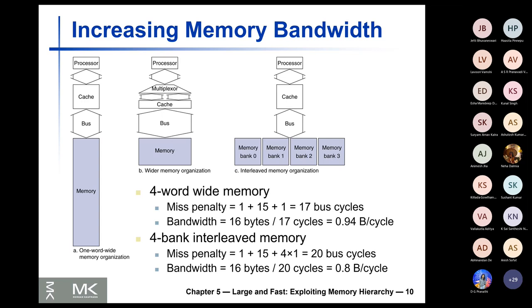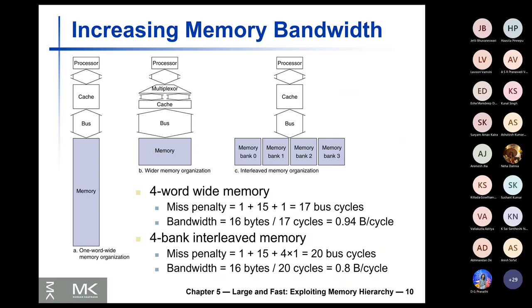Finally, there is an interleaved memory organization where now you have 4 different memory banks. These memory banks are logically or physically separate blocks, modules of memory. They can either be in the same chip, logically 4 different modules, or they can be completely 4 different DRAM chips.